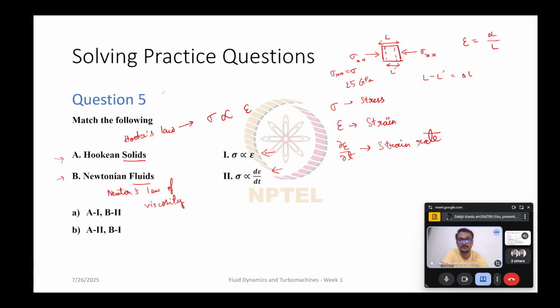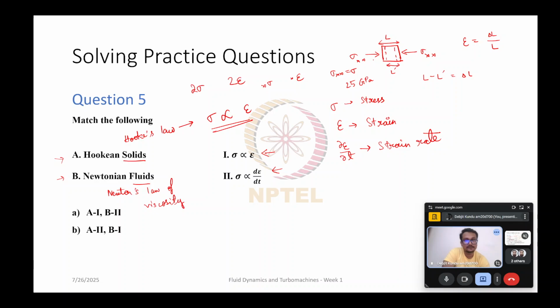So if I apply 2 sigma, my strain would be 2 epsilon. If I apply x sigma, my strain would be x epsilon. It's a linear relationship. That's what Hooke's law tells us.